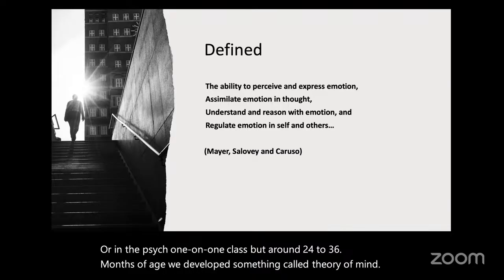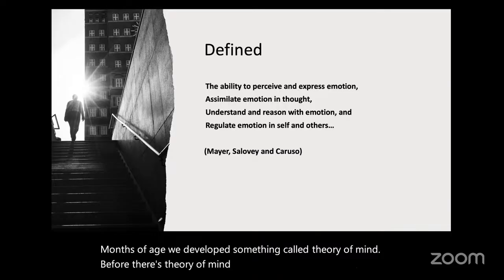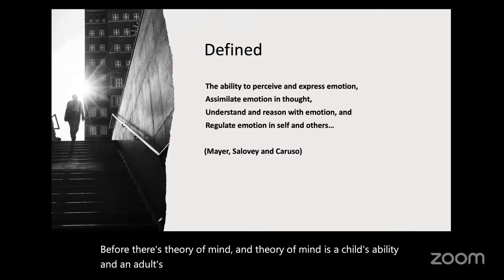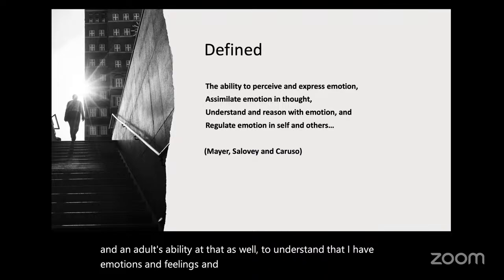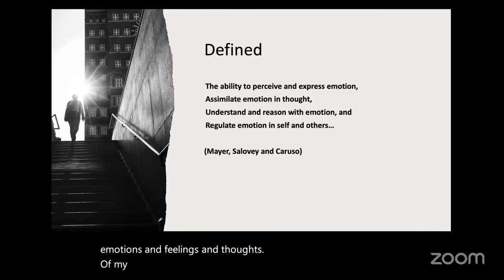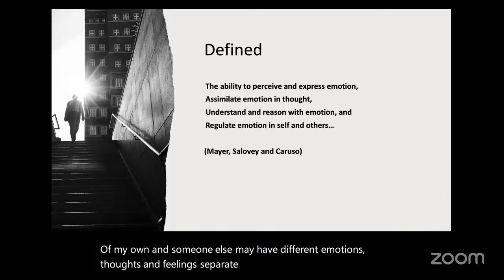Theory of mind is a child's ability, and an adult's ability as well, to understand that I have emotions and feelings and thoughts of my own, and someone else may have different emotions, thoughts, and feelings separate from mine.